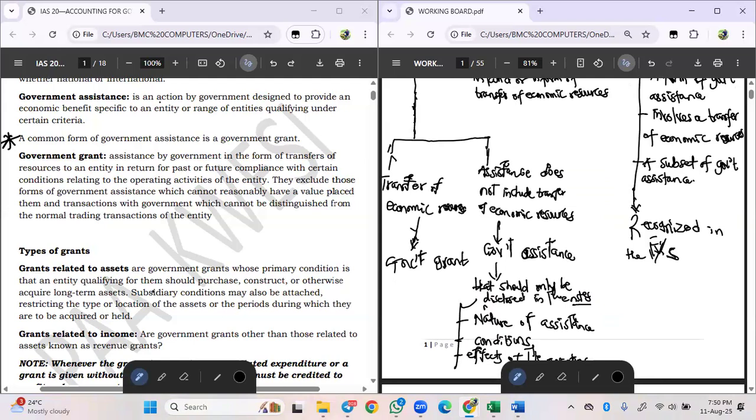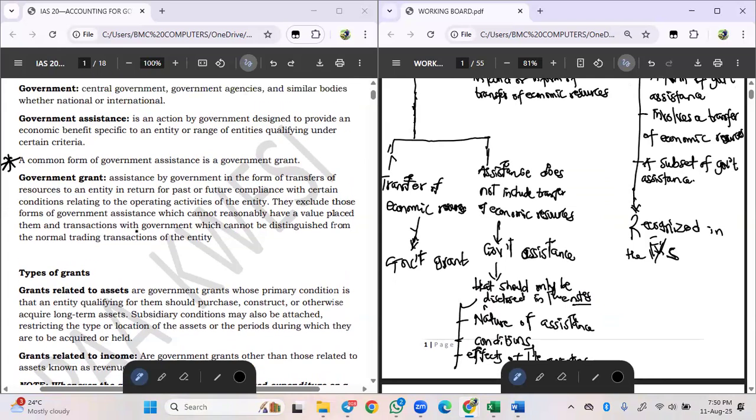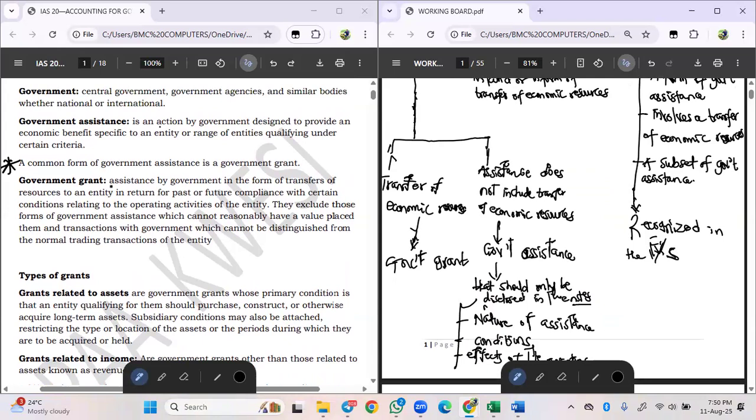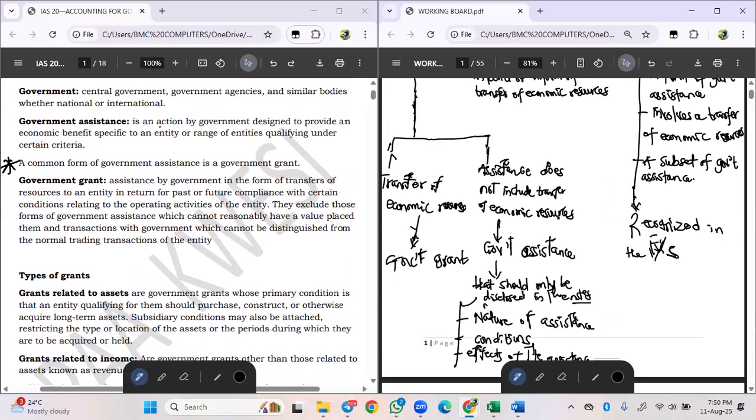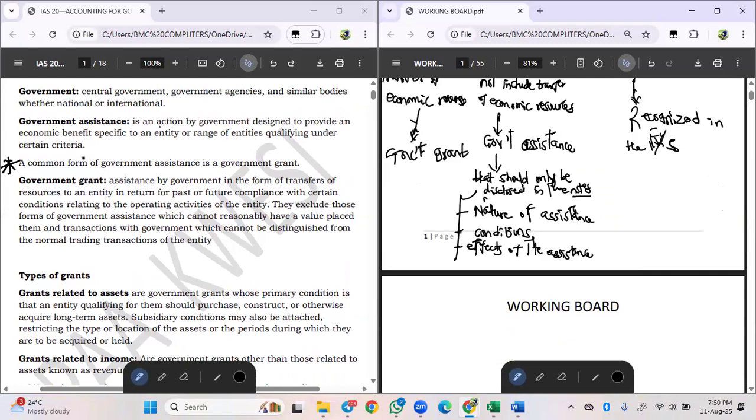So please, we move on to talk about the types of government grants. So let's read from the notes. I think the whiteboard is not allowing me today. So the assistance by government in the form of transfers of resources to an entity in return for past or future compliance with certain conditions relating to the operating activities of the entity.